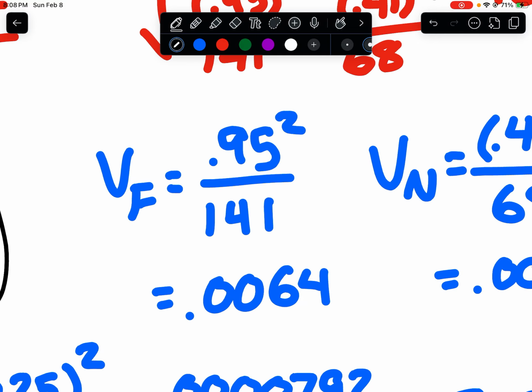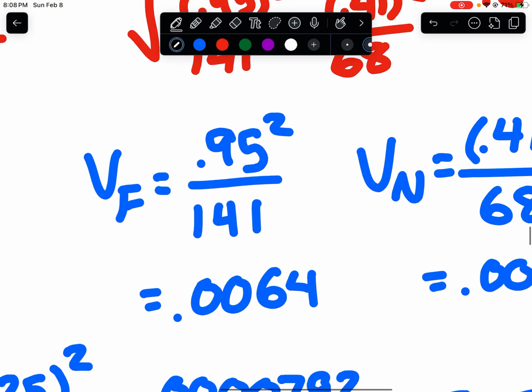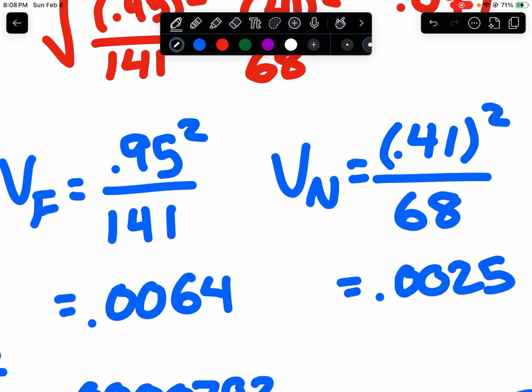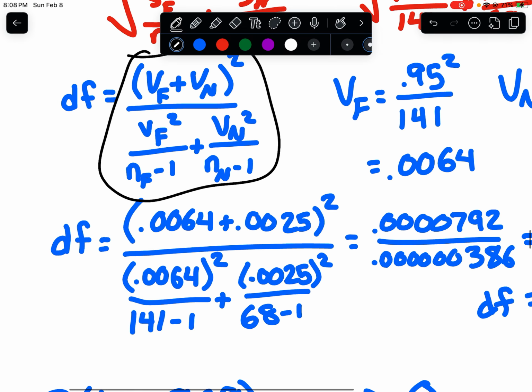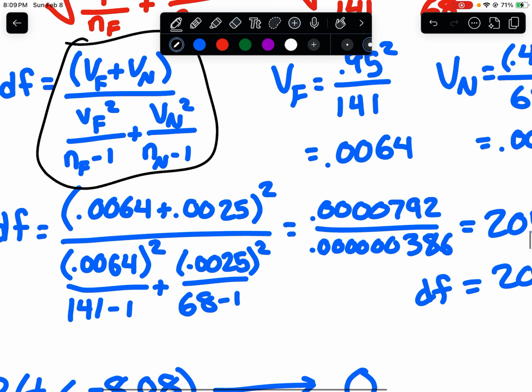Those are these things here where you take the standard deviation squared divided by the sample size. For Facebook, it ends up being 0.0064, and for the not Facebook users, it ends up being 0.0025. And if we plug those things in, I know this looks kind of crazy, and we get some really, really, really small decimals.